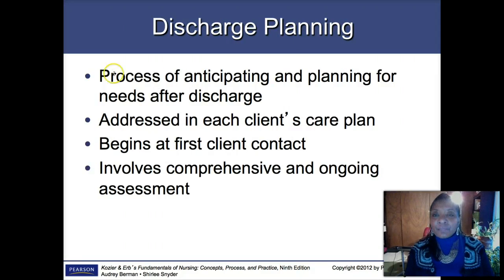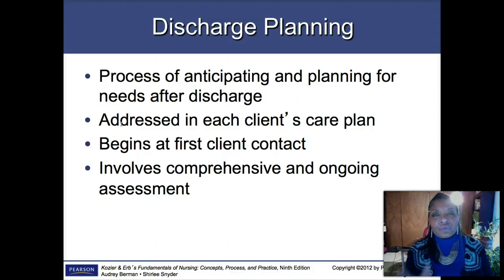A very big part of patient care is discharge planning. It's the process of making sure the patient's going to have their needs met when they get home. And it is illegal. It is illegal to discharge a patient from a facility into an unsafe environment.